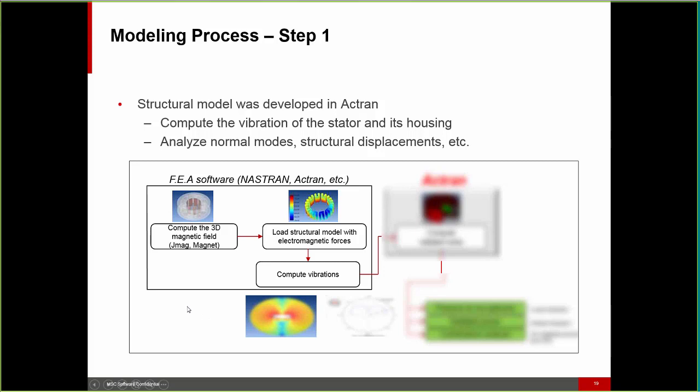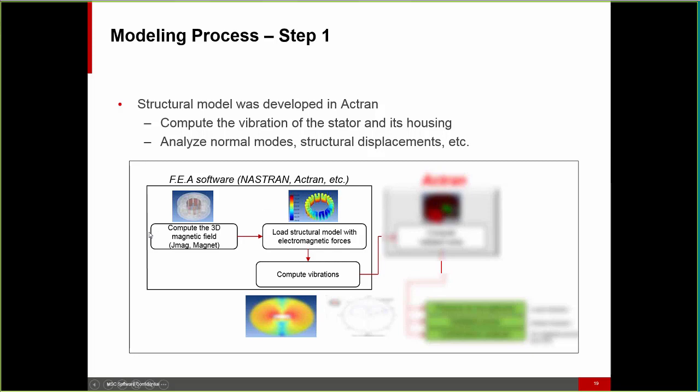However, for this simple demo, we are using a simplified analytical solution of the radial forces to load the structural model. So in this first step, we use Actran vibro-acoustics capability.